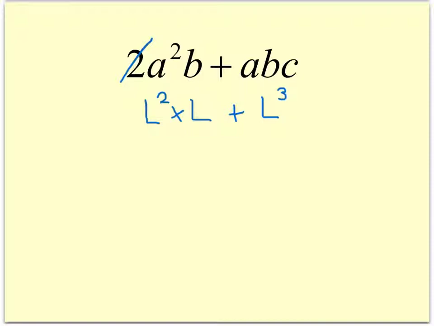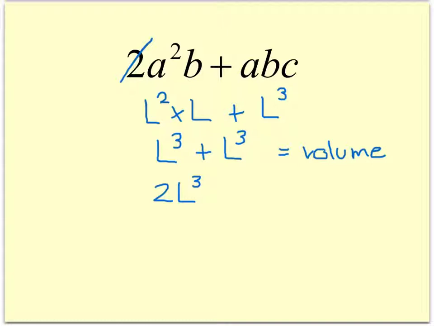A length squared times a length is a length cubed, added to a length cubed. Well, something cubed added to something cubed is still going to be something cubed, which is two lots of it. So this is going to be a volume. It's got 3 dimensions. If you wanted to, you could think of that as being 2 lots of the volume.